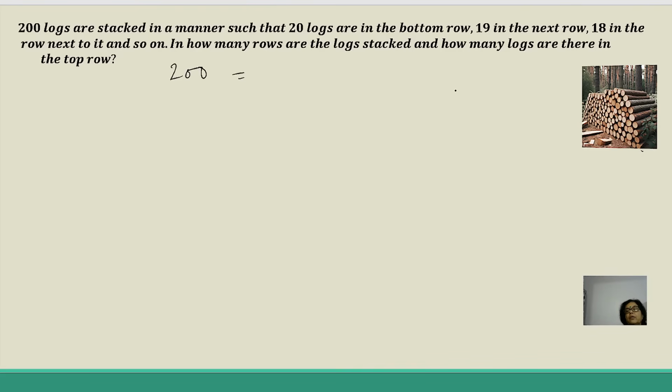So to find out the number of rows over here, let the number of rows be n. So this will be n by 2 into (2 into 20, since the bottom row has 20 logs, plus (n minus 1) into the common difference). The common difference will be minus 1 because the sequence will be 20, 19, 18 and so on.